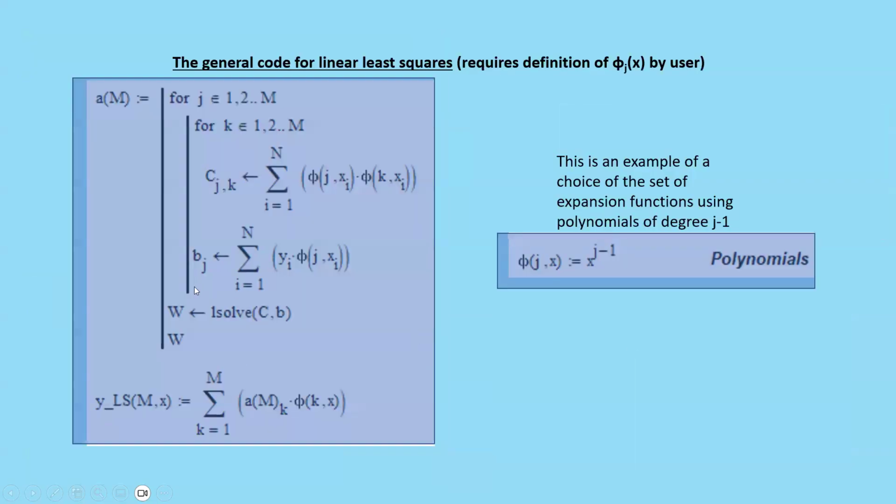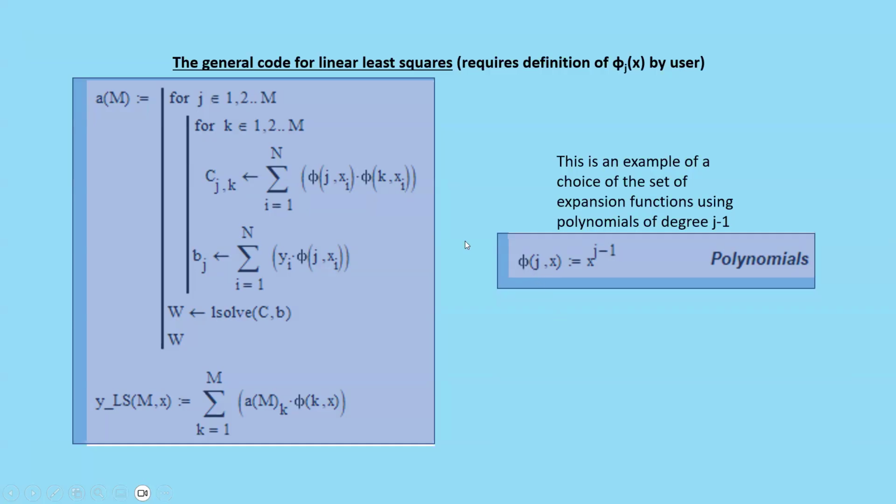This is about the general code for linear least squares. We define the coefficients based on these equations. This is the right-hand side, and we can find the coefficients, okay, based on the inverse of this matrix times B. Again, the phi of x is defined by the user.